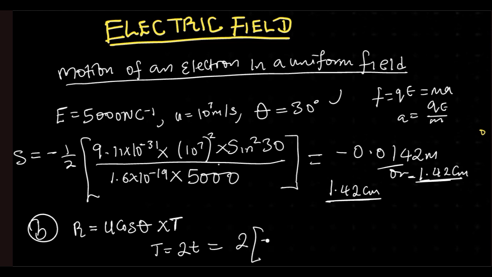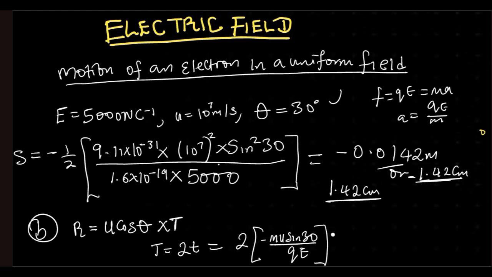We already calculated that it is minus m u sine 30 all over qE. See, not? Yes, minus m u sine 30 all over qE.